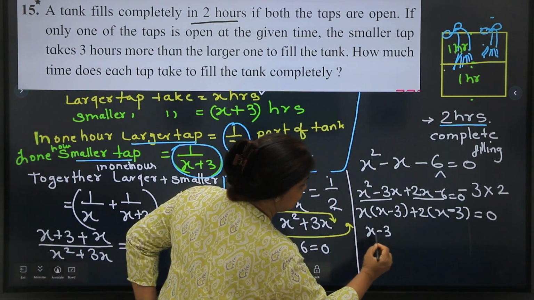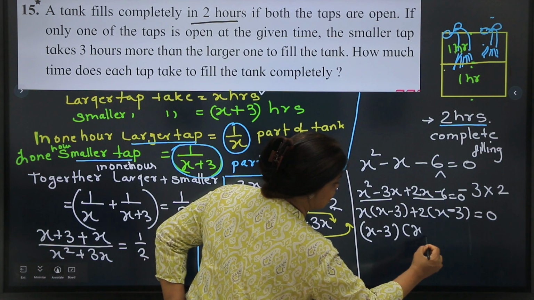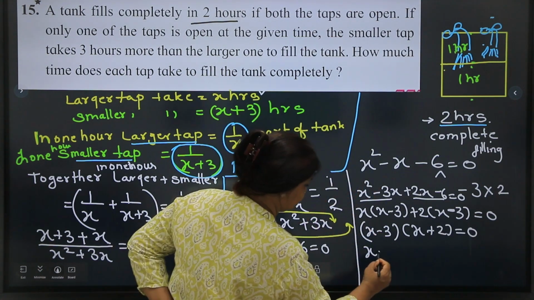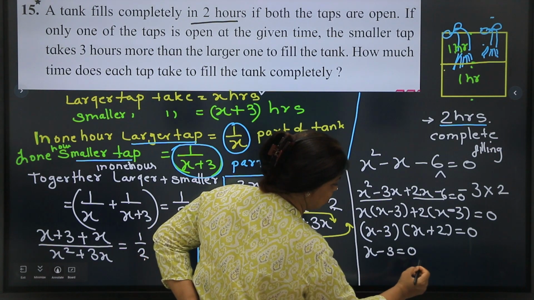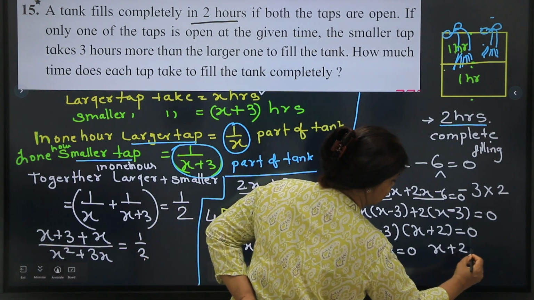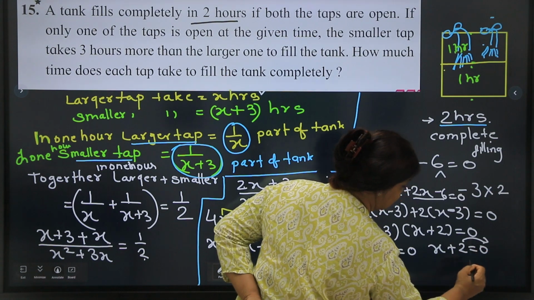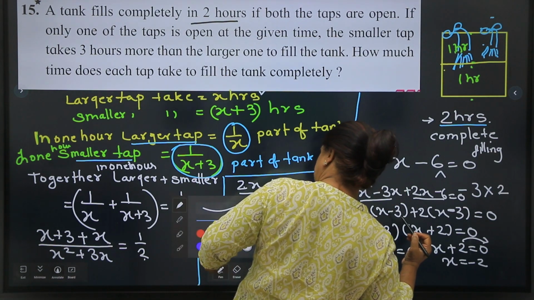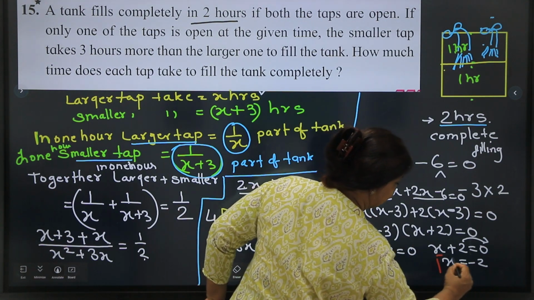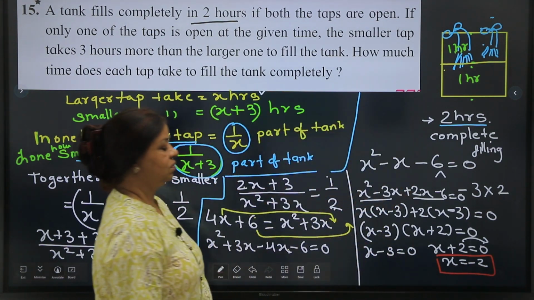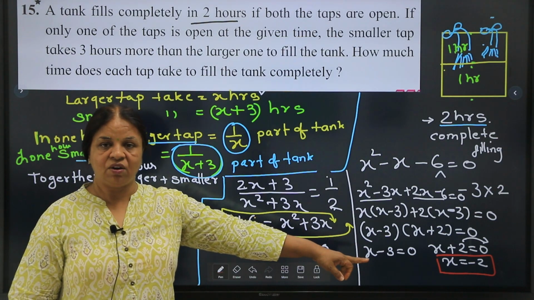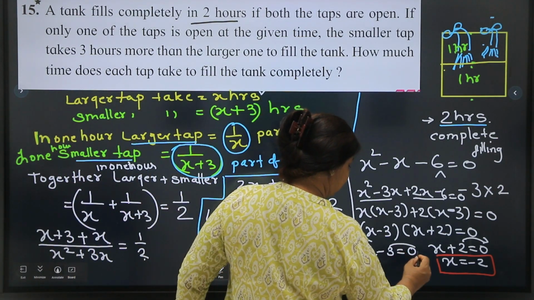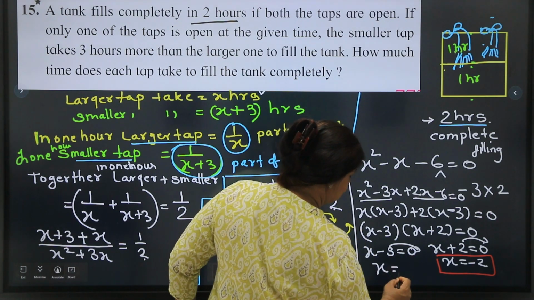So x minus 3 is equal to 0 and x plus 2 is equal to 0. x plus 2 is equal to 0, 2 will go here and it will be x is equal to minus 2, which will be rejected because it is negative. Minus 2 hours it cannot take. So 3 will be shifting here, x is equal to 3.